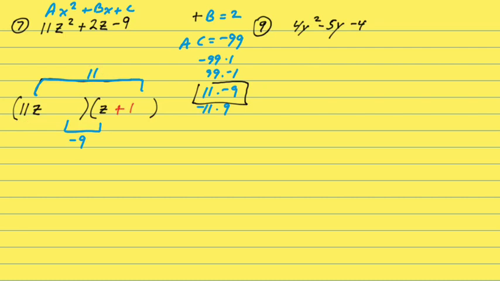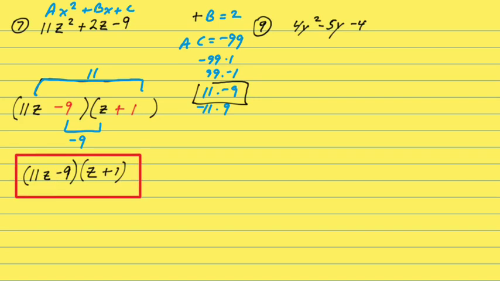Positive 1. 1 times what is negative 9? Well, I think it would be a negative 9, right? So that should be factored. 11z minus 9 times the quantity of z plus 1. Again, if you want to check last times last equals last, I think it does.